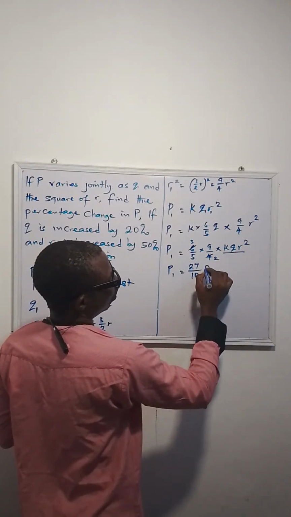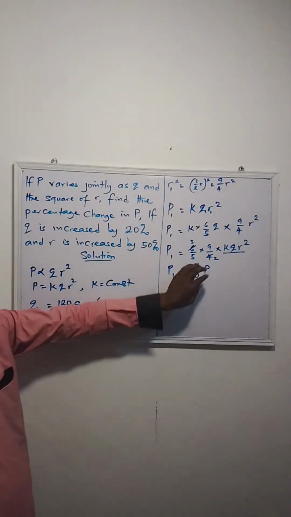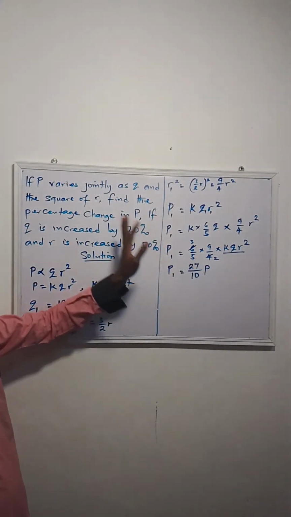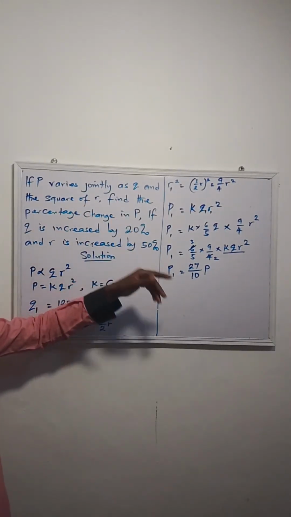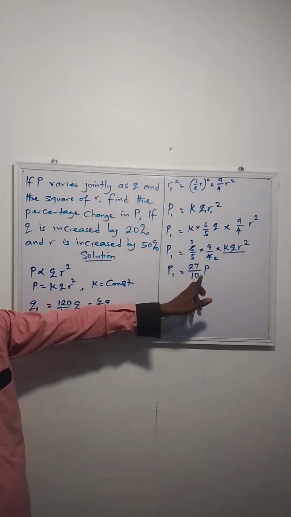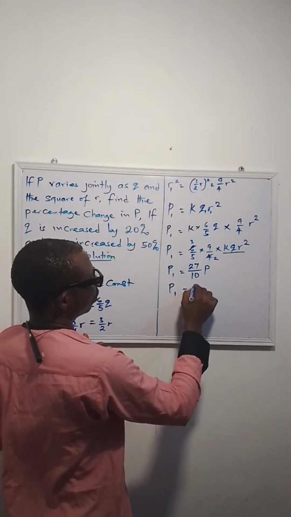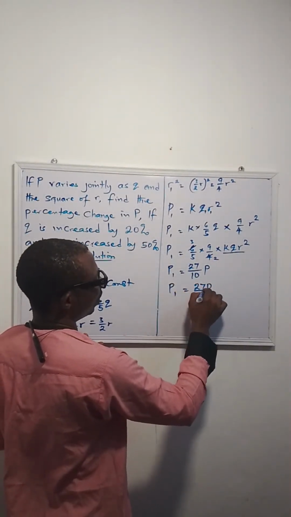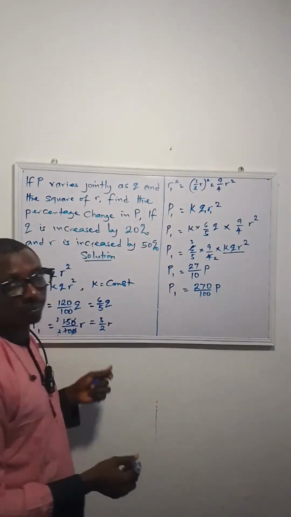P. We just plug in P. We need to express this side as a percentage because we want to know the percentage change in P. So we multiply the numerator and denominator by 10. So we have P1 equals 270 over 100 P.